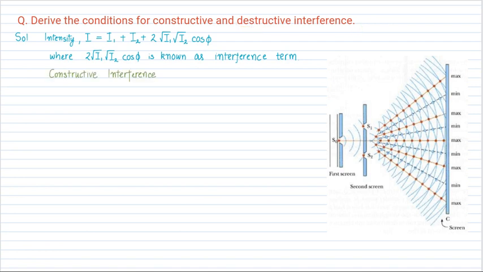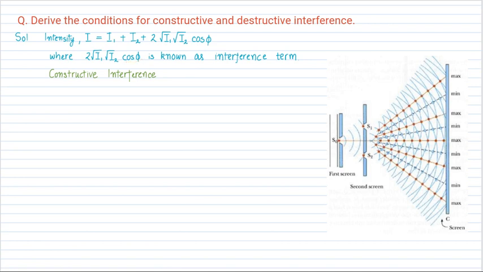So let's first derive the condition of constructive interference. As we know, the I1 term and the I2 term will be constant, but what will be varying is your cos phi term.